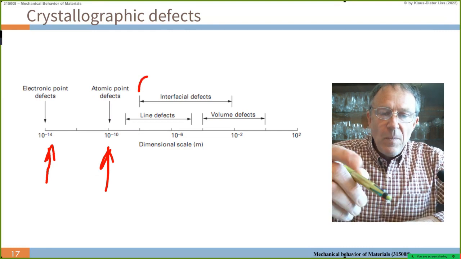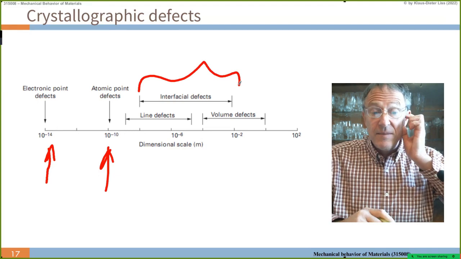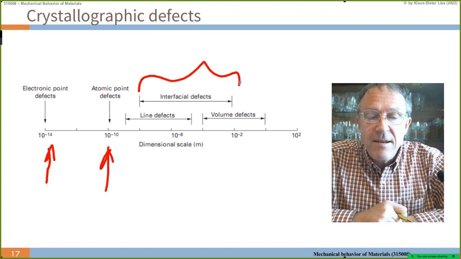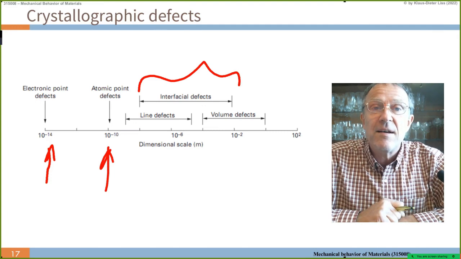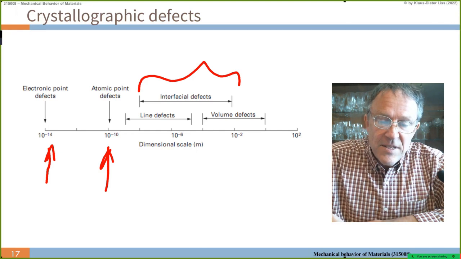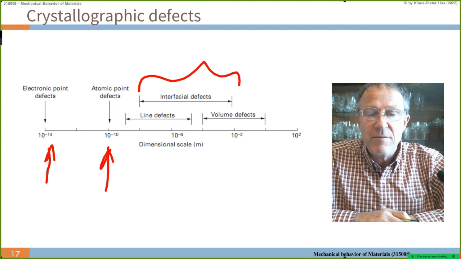This is now resumed by interfacial defects. So we may have line defects, and the line defects along a line, there are the dislocations we will talk about. But there are also kind of stacking fault defects where we have a whole interface.